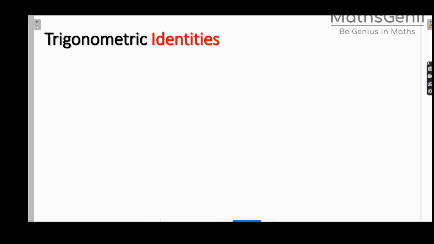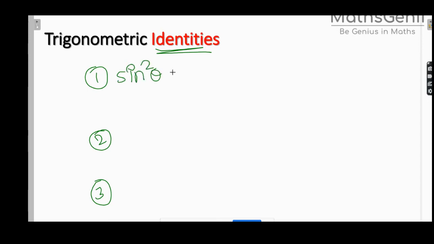Now let's look at another thing which is called trigonometric identities. There are 3 trigonometric identities: 1, 2 and 3. You have to remember them all by heart. Okay. What is the identity? First identity is sine square theta plus cos square theta is equal to 1. This is your first identity.